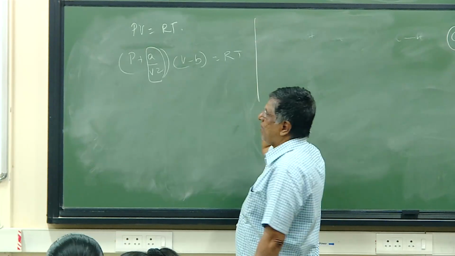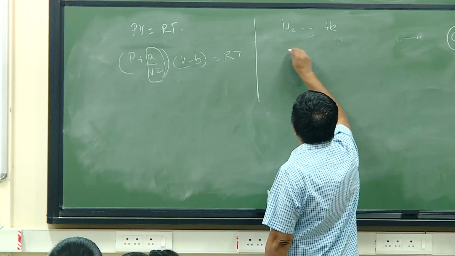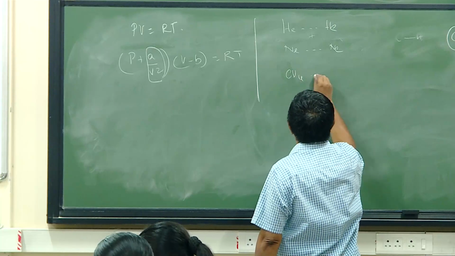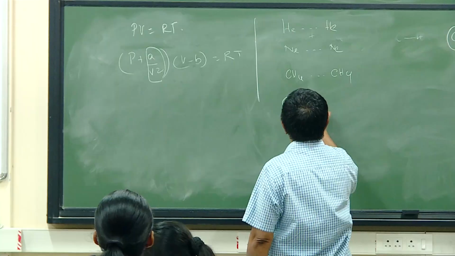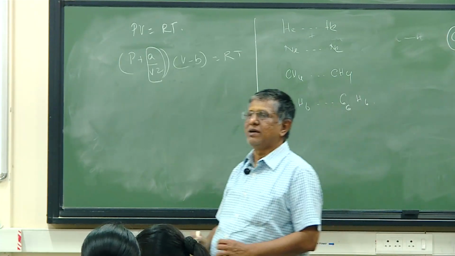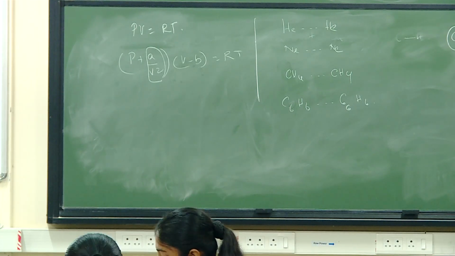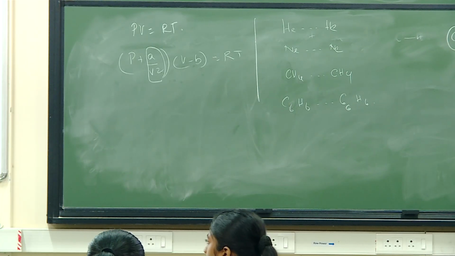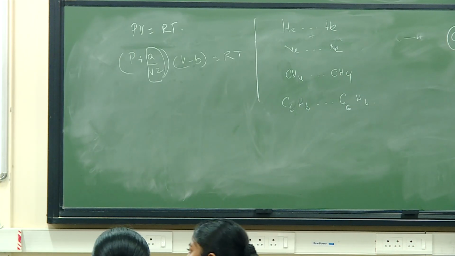So this is the van der Waals interaction. You will see it between two helium atoms, two neon atoms, two methane, two benzene. This interaction is called a van der Waals interaction. As such, they don't have any dipole moment. How many of you are familiar with the word dipole? It is a charge into distance.